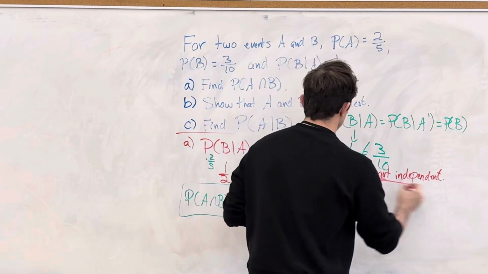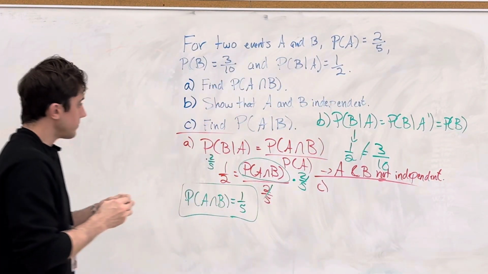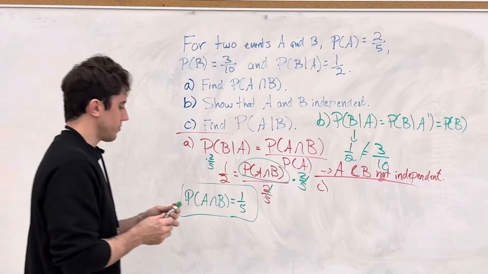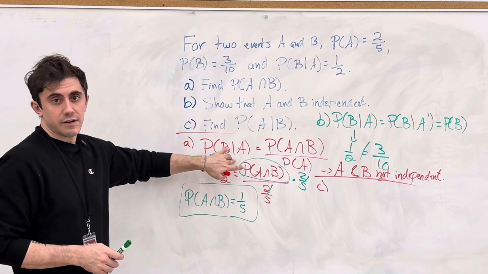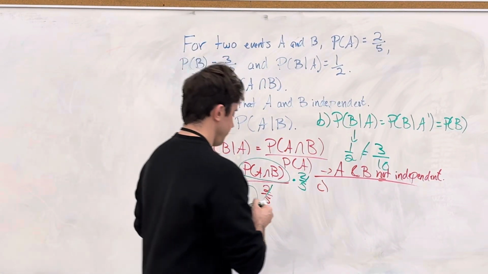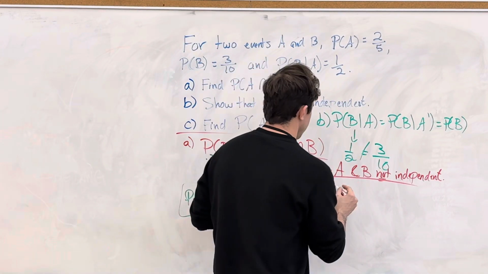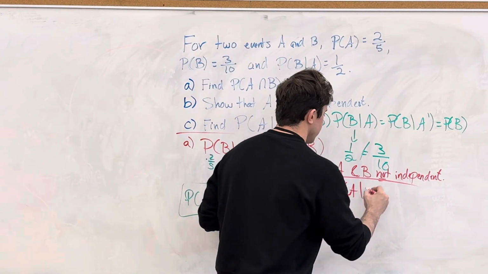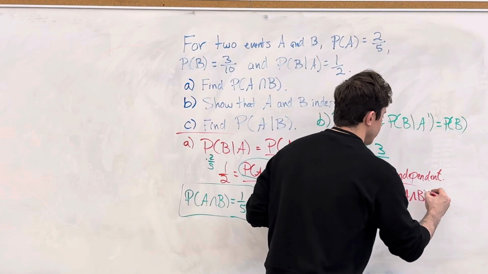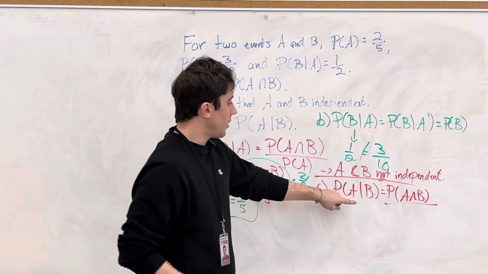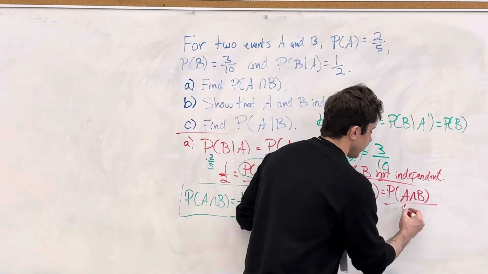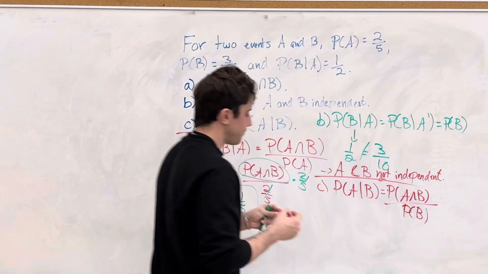And finally, for part C, we are asked to find the probability of A given B. Now, for the probability of A given B, we can again rely on a slight variation of this equation here. The probability of A given B is the probability, again, of A intersect B. This time, we want the probability of A given that B has occurred, and so we're dividing by the probability of B, right?